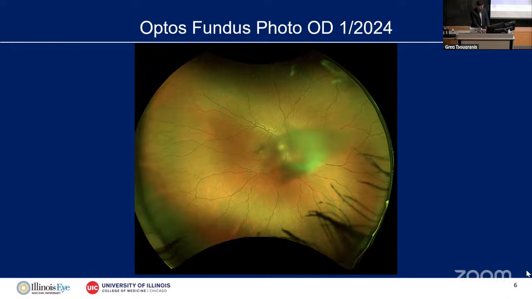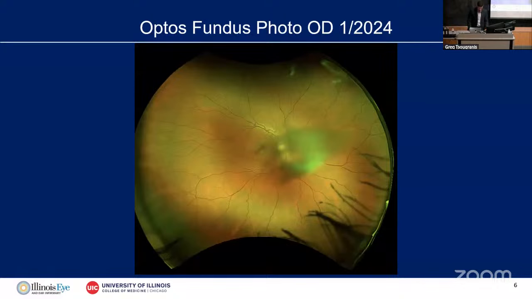This is a pseudo-color wide field fundus photo of the right eye. When looking at the media, there's an area of vitreous haze or condensation that overlies the optic nerve and extends nasally with obscuration of the underlying retina. Otherwise, the vitreous does appear clear aside from that area. The nerve cannot really be visualized. The vessels are normal in course and caliber. The macula appears flat and attached, and the periphery is unremarkable.